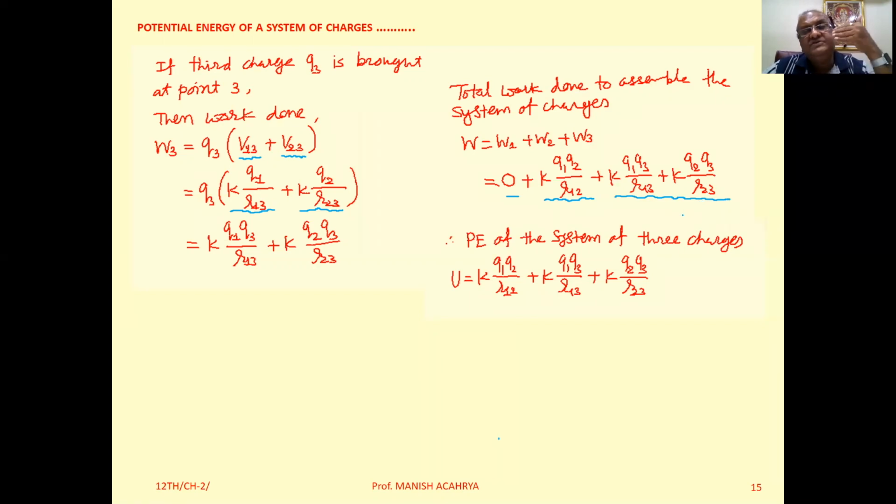And this is stored in the form of potential energy. So the potential energy of the system of these three charges is U equal to KQ1 Q2 upon R12 plus KQ1 Q3 upon R13 plus KQ2 Q3 upon R23.